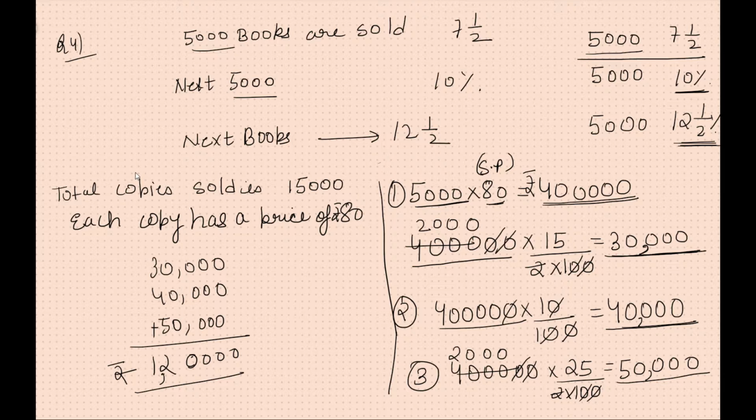Now, question number 5, children. A Maruti car costing 2.5 lakh rupees, 2,50,000 rupees, dropped 23% in value in the first year. How much was it worth at the end of the year?